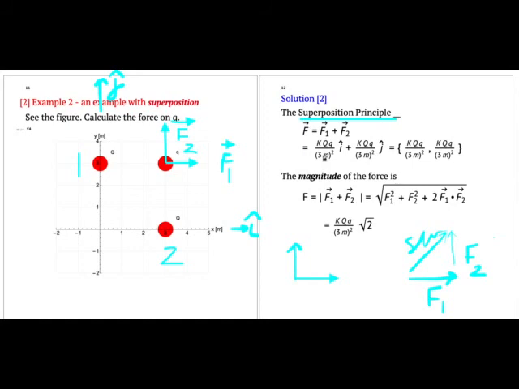So here's F1, here's F2. Or I could use this other notation for vectors. I could write down the x component of the vector, coefficient of i hat, KQQ over 3m squared. And here I would have the y component of the vector, KQQ over 3m squared.